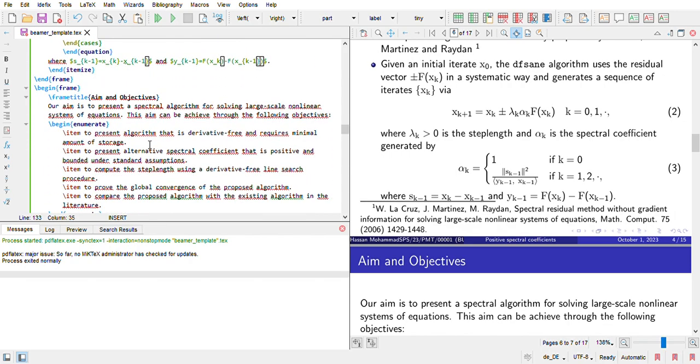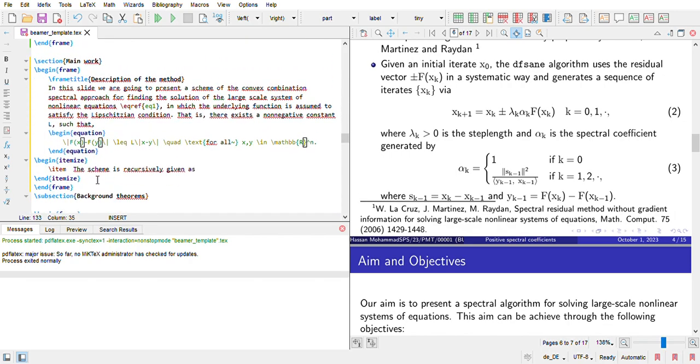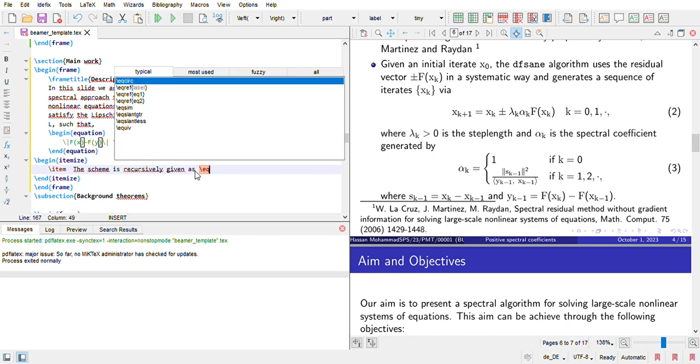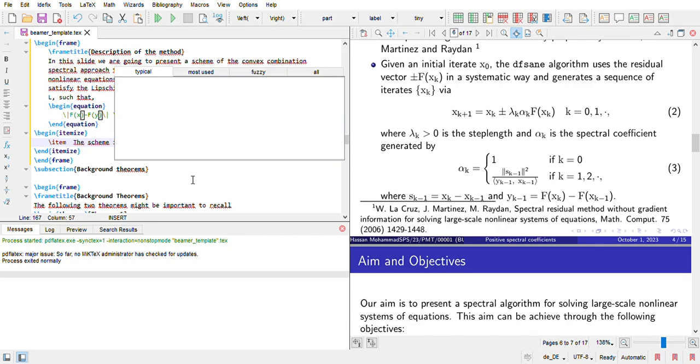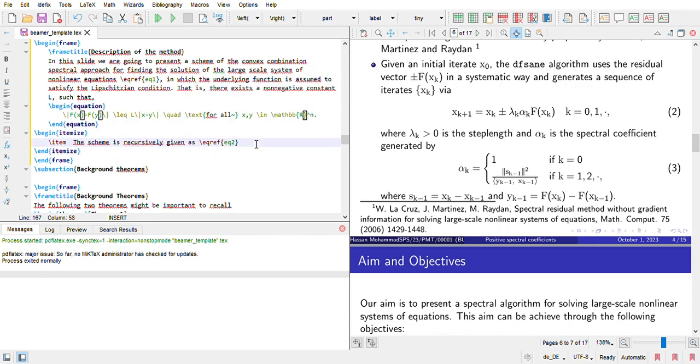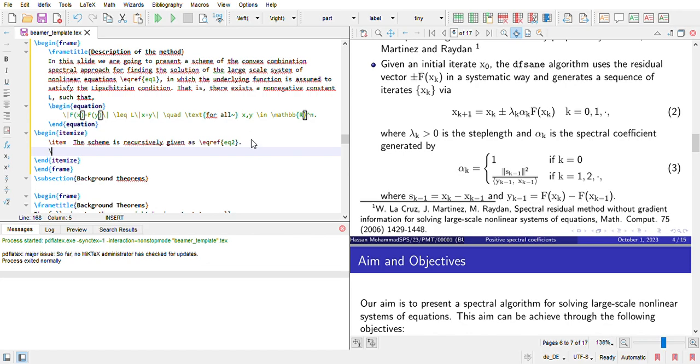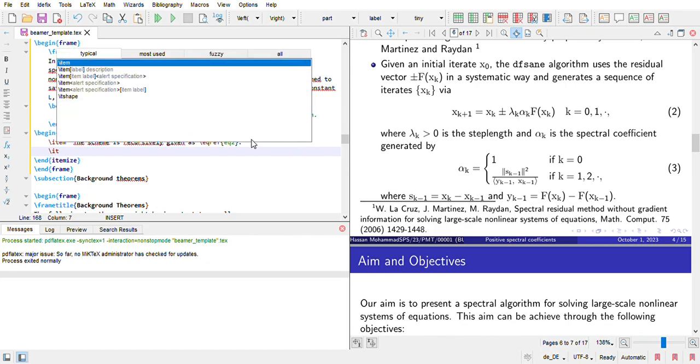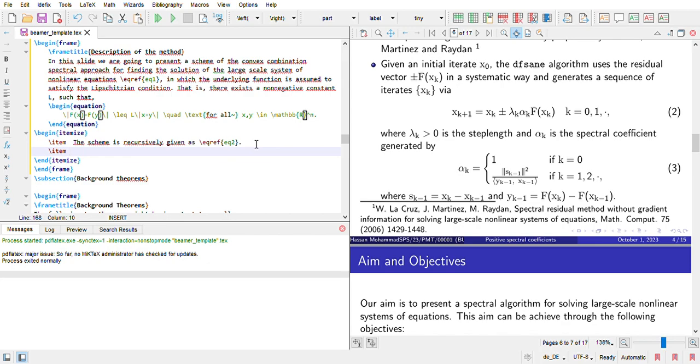So the scheme is possibly given by, since it is an equation, we have eqref EQ2. So that is the first item. Then the second item will be what we have in scheme 2.